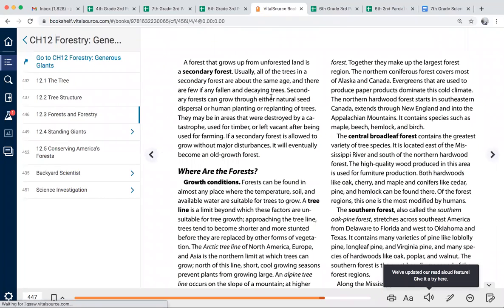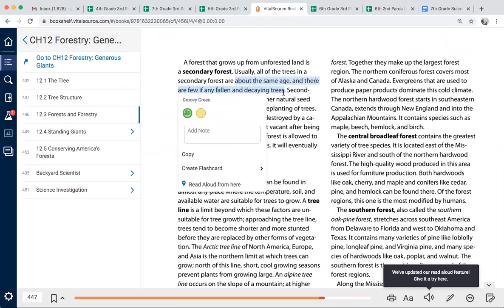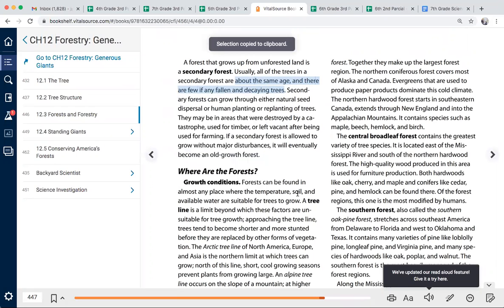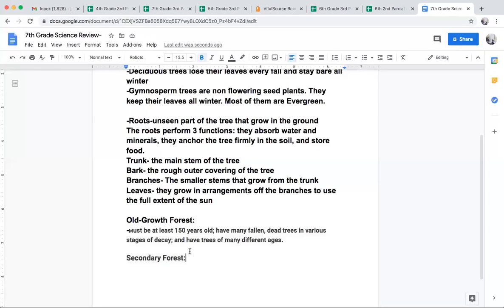Secondary forest, all the trees in the secondary forest are about the same age, and there are few, if any, decaying trees. And secondary forests can become old growth forests.